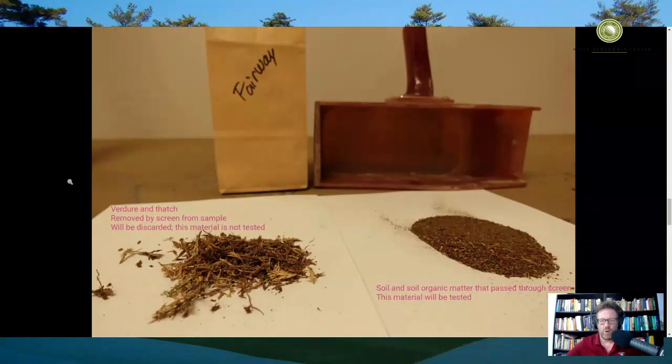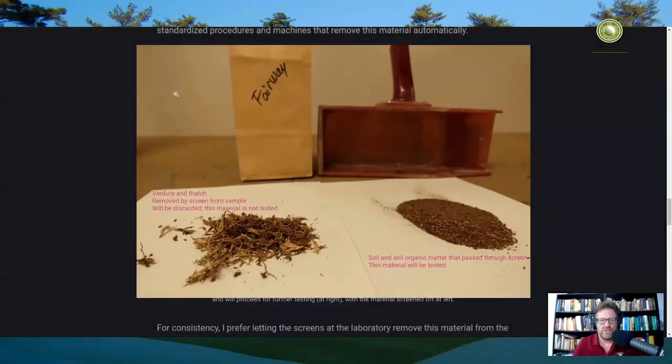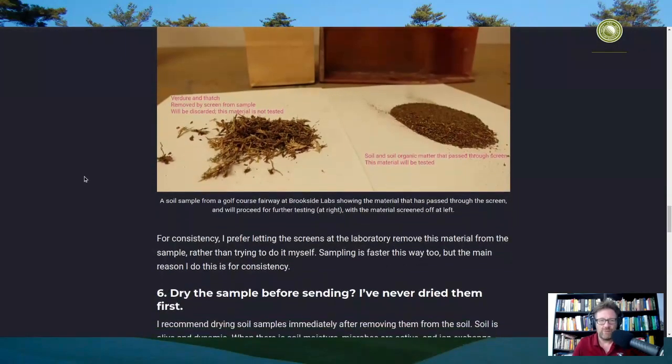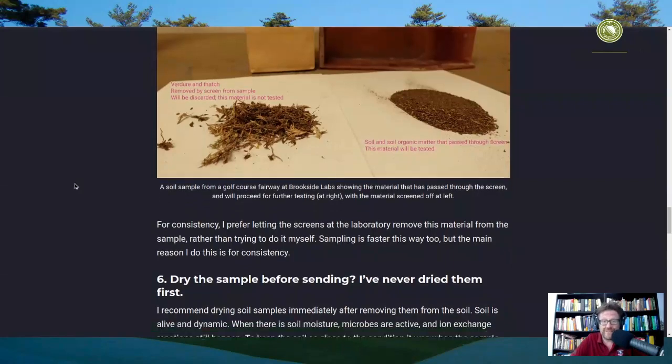And I think it's more consistent when the lab does it instead of us kind of violating the sample before we send it to the lab. So that is my recommendation. My recommendation is, for consistency, I prefer letting the screens at the laboratory remove this material from the sample rather than trying to do it myself. Sampling is actually faster this way too, but the main reason I do this is for consistency.